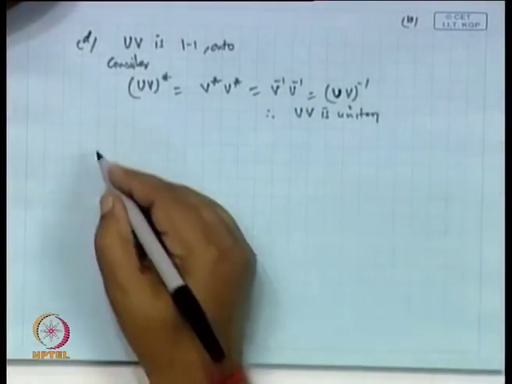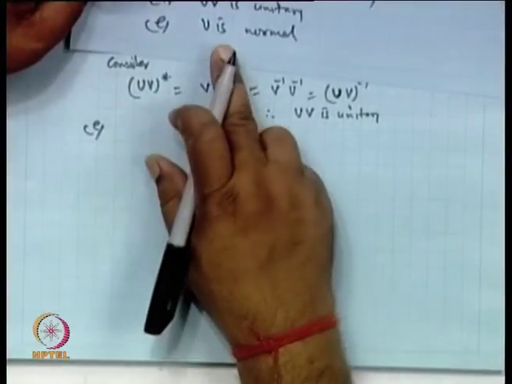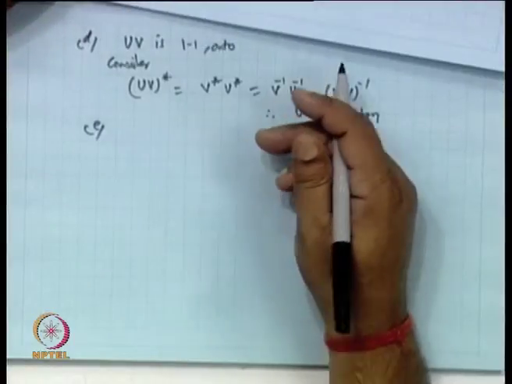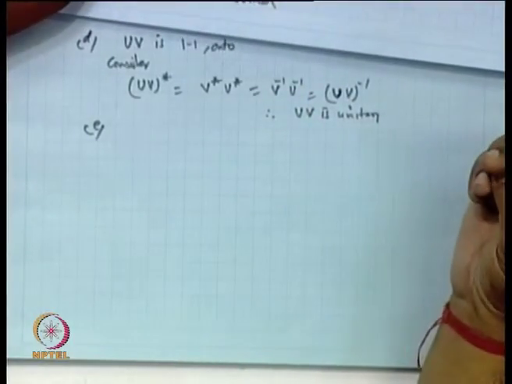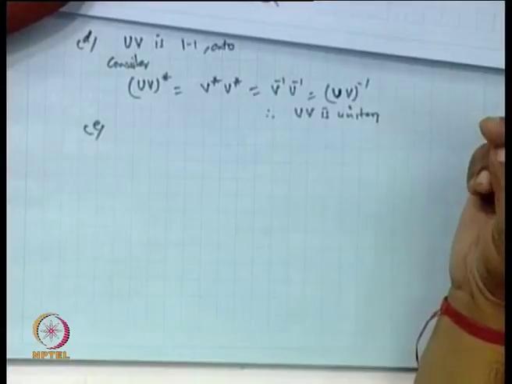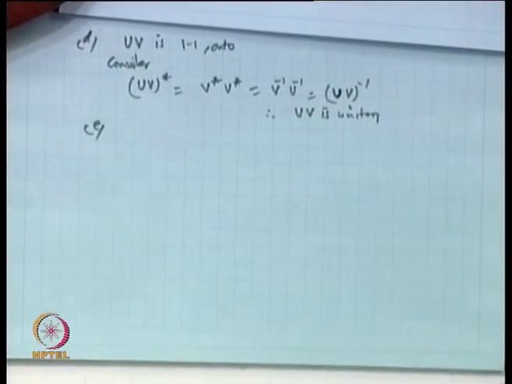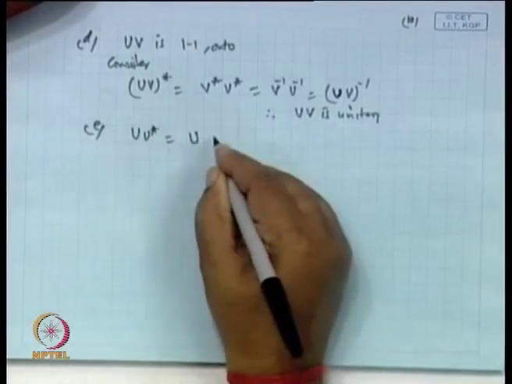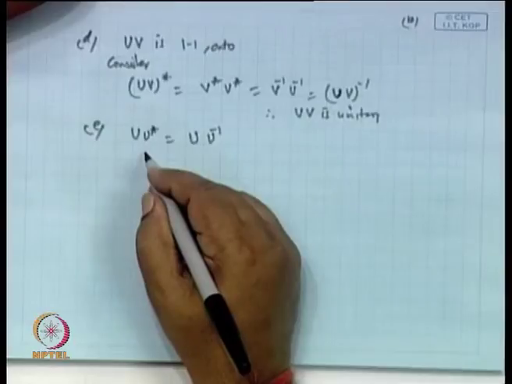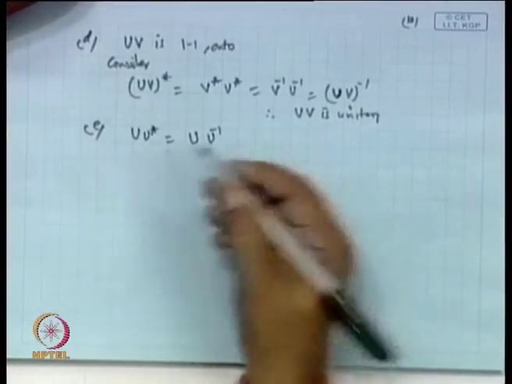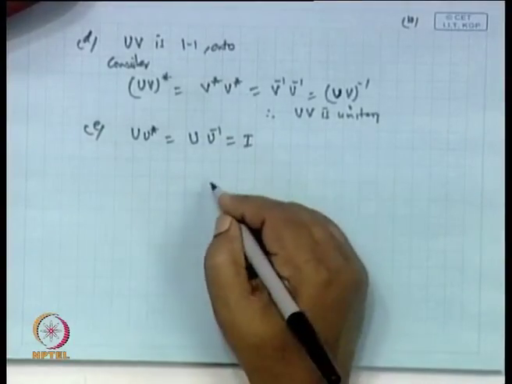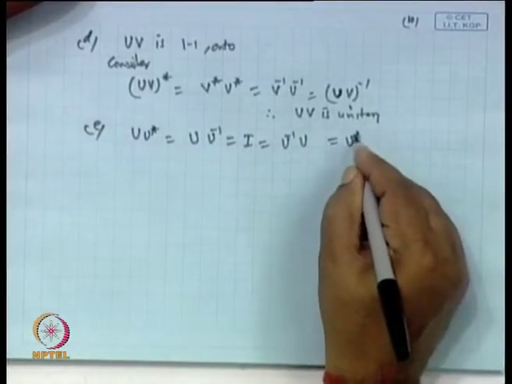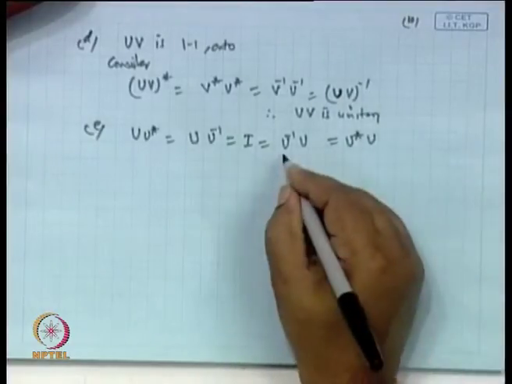Clear? Then U is normal. What is to be proved is that U star U equals U U star. U star is equal to U inverse, given. So U U star is I, which can be written as U inverse U, but U inverse is U star, so U star U. So U is normal.